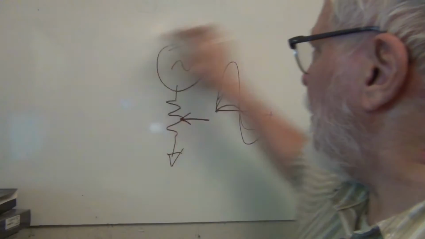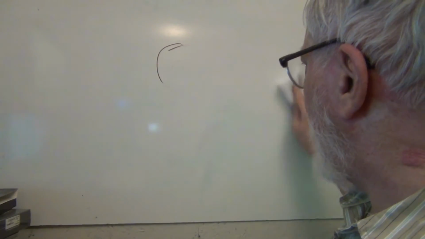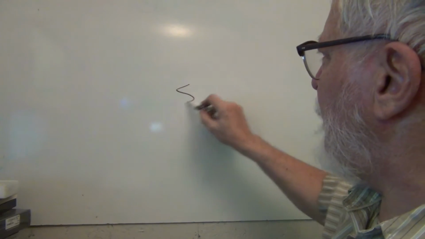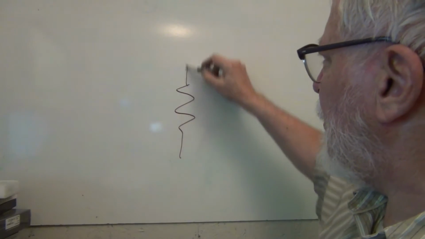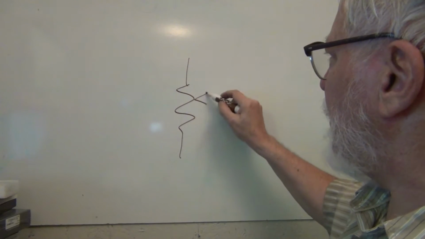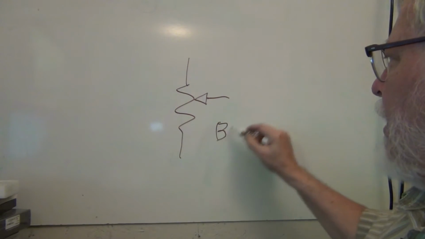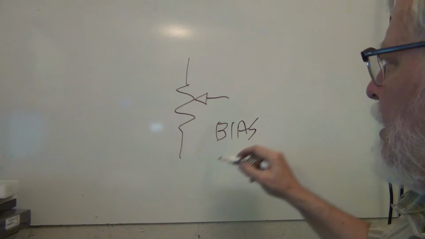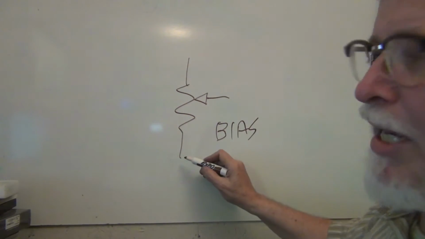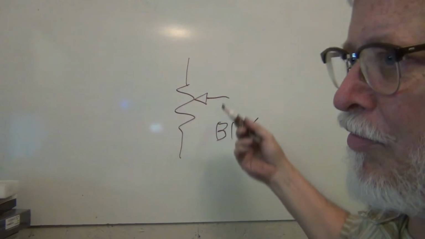All right, now there's another kind, which is the same variable resistor, and it's got a slider on it, but this is called a bias pot. There are different ways of doing this.